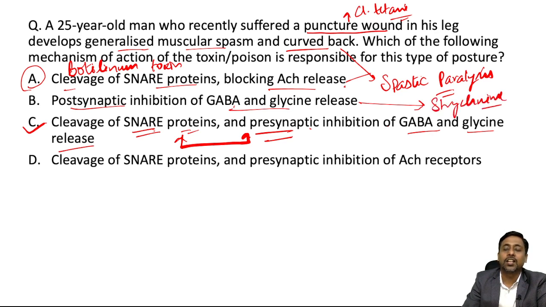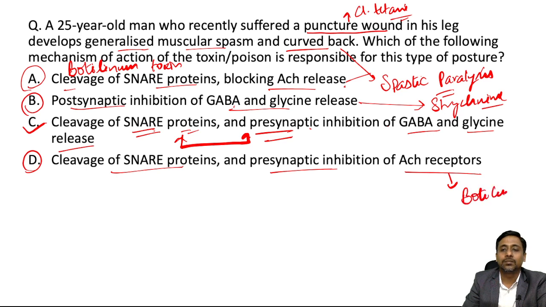Strychnine poisoning and tetanus toxin infection, the only difference is the site of action, that it will act on the postsynaptic terminal rather than on the presynaptic terminal. So it will lead to spastic paralysis, but the site of action is postsynaptic. And then this D option has cleavage of SNARE protein and presynaptic inhibition of ACh receptor. This is again botulinum. Okay, so the correct answer is C.